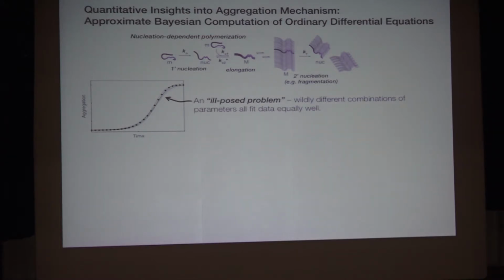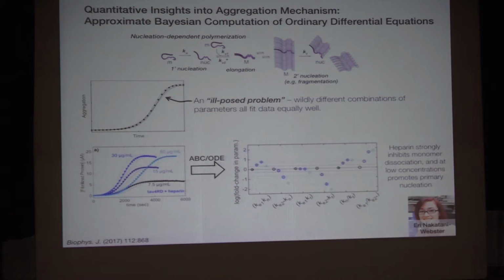With all of these, you have the problem that they are ill-posed problems, in the sense that you can take very different fitting parameters. If you take nucleation, elongation, fragmentation, and look at these rate constants, each of these lines is picked from an ensemble of solutions where those rate parameters vary by 4 orders of magnitude. So you have very little insight into what's actually happening to the nucleation rate or the elongation rate or anything else like that.